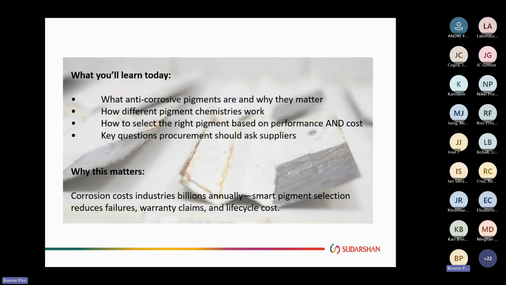This is important because corrosion costs industries billions of dollars. So a very smart pigment selection can reduce failures, warranty claims, and of course the entire life cycle cost of the end piece.